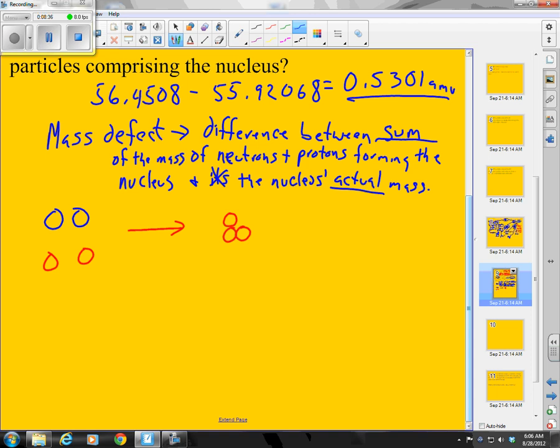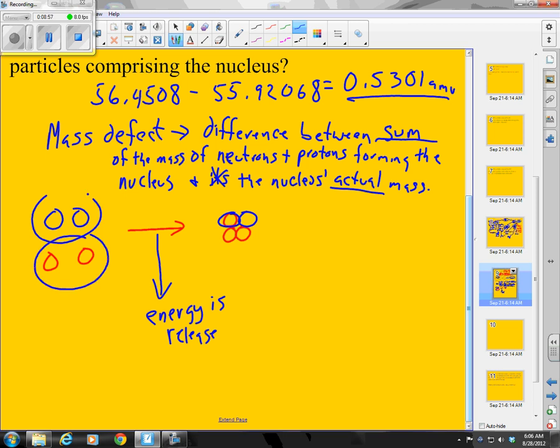Good, and that's a more stable situation. And what causes the stability is that energy is lost in this process. Energy is released when these individual neutrons and protons come together to form a nucleus.